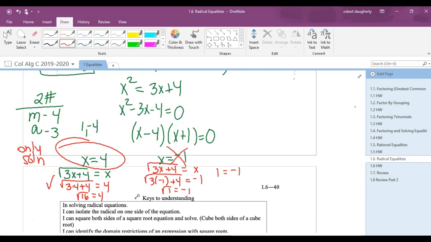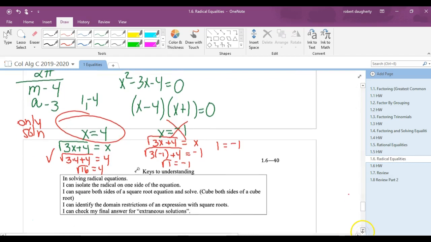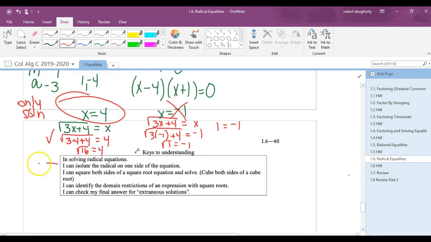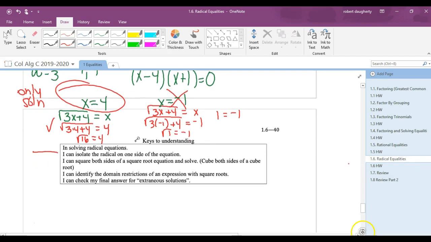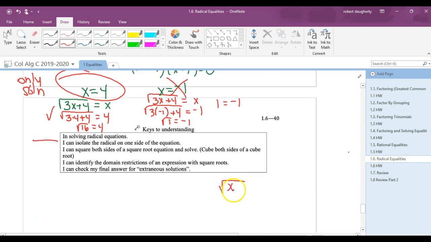Yes. Okay. So guys, real quick, radical equations. This is what we did today. You want to isolate the radical on one side of the equation. So for example, if I had something like this, the square root of x plus 1, what do I need to be all by itself?